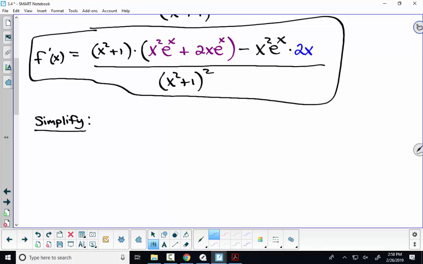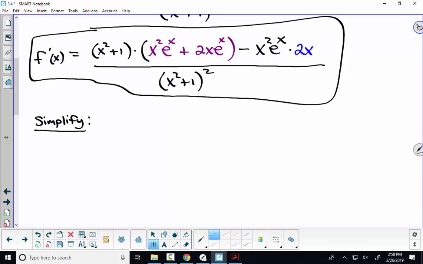One of the major components in simplifying stuff like this, especially when you have mixed functions, exponentials, logarithms, trig, whatever, the main idea is to look for the greatest common factor. So that's what we want to do here.